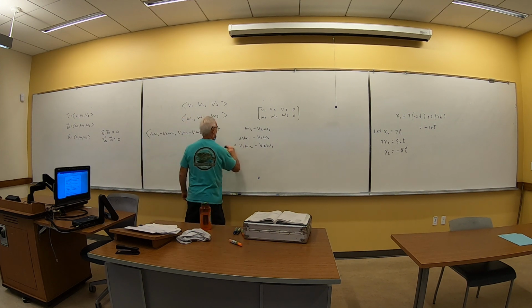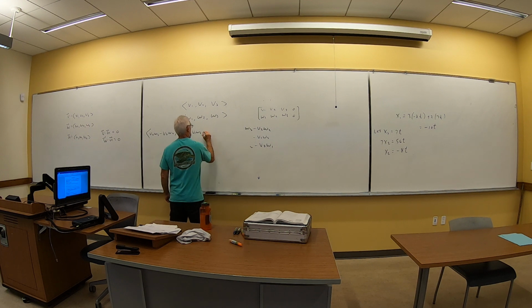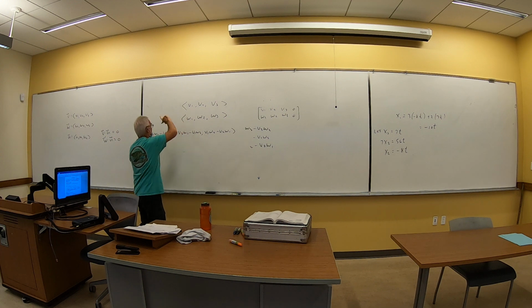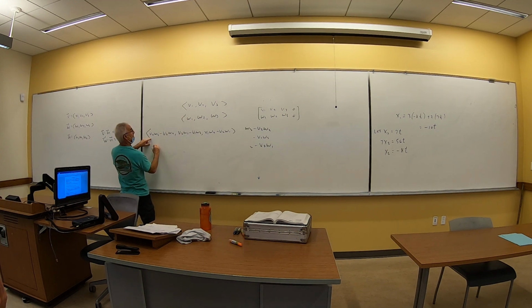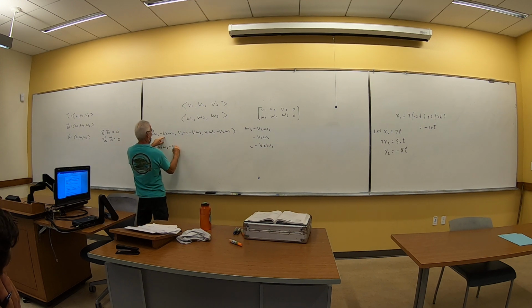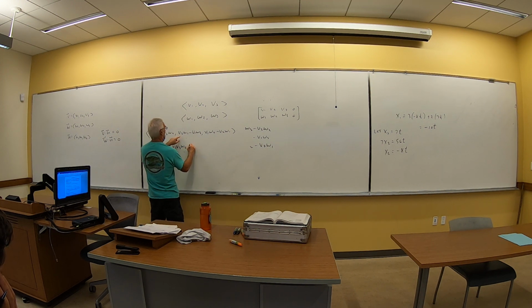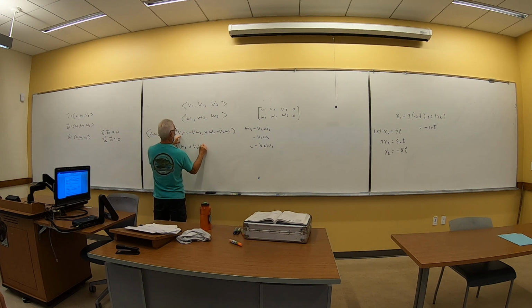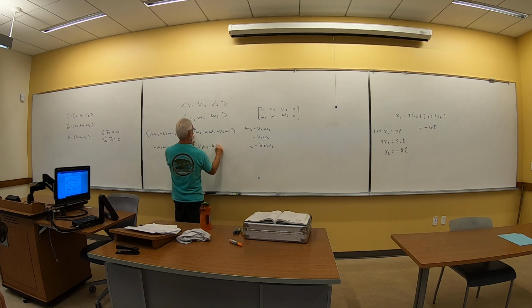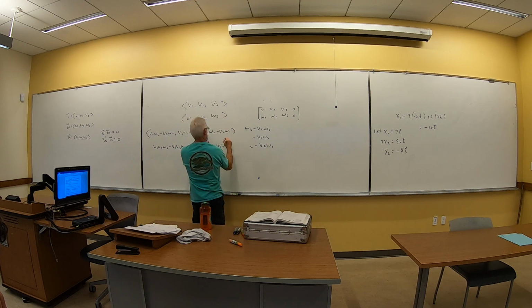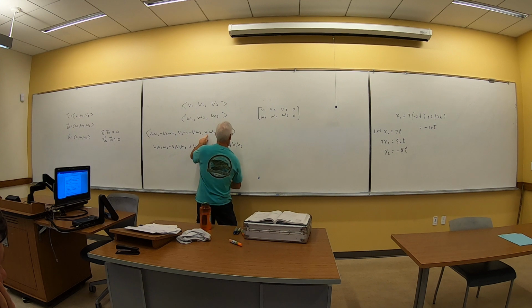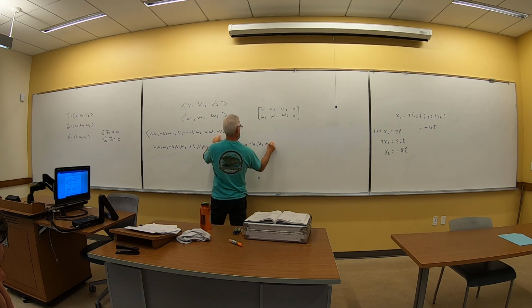And then so when I do the dot product, let me dot it with the first one. Then I'd have V1V2W3 minus V1V3W2 plus V2V3W1 minus V1V2W3 plus V1V3W2 minus V2V3W1.